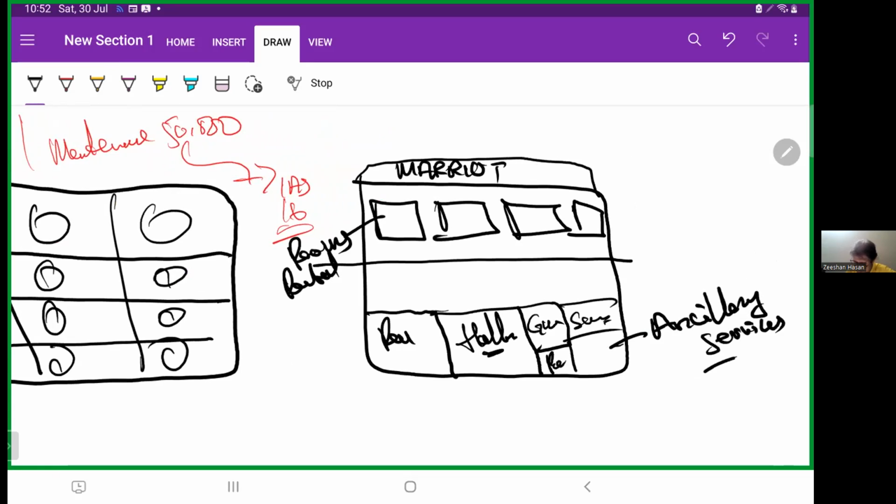So now again, the question is which standard to apply, IAS 16 or IAS 40? Again, the question is who has the higher significance?